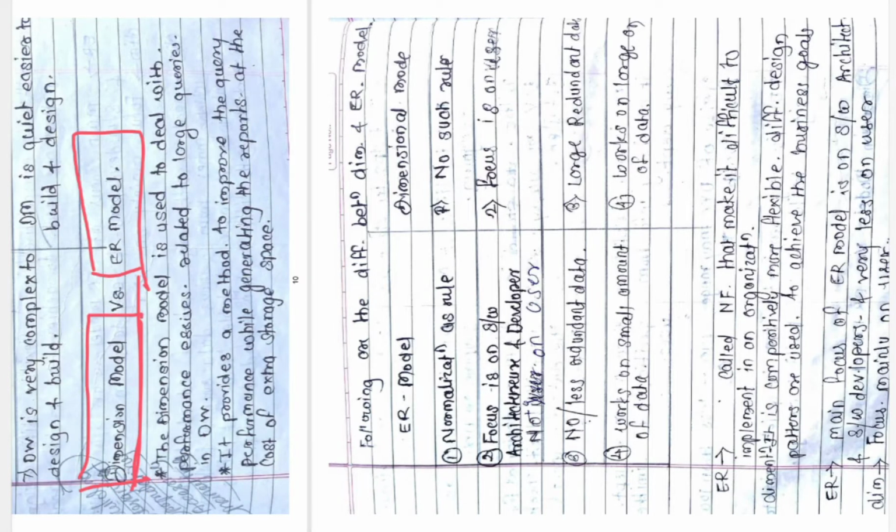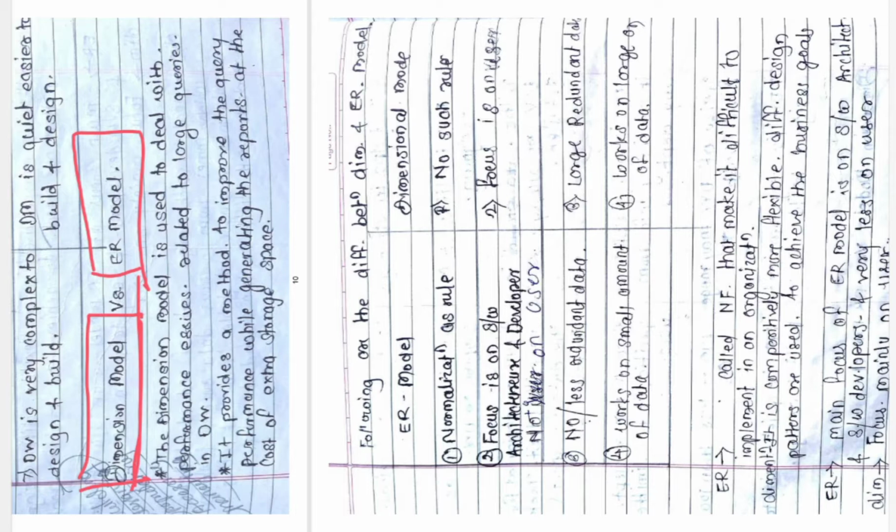As the name suggests, the dimensional model deals with the performance of the queries in the data warehouse. So these are the two models we have. First one is the ER model, second one is the dimensional model.